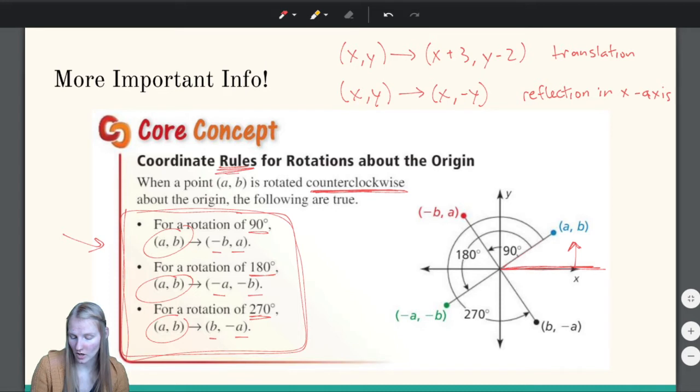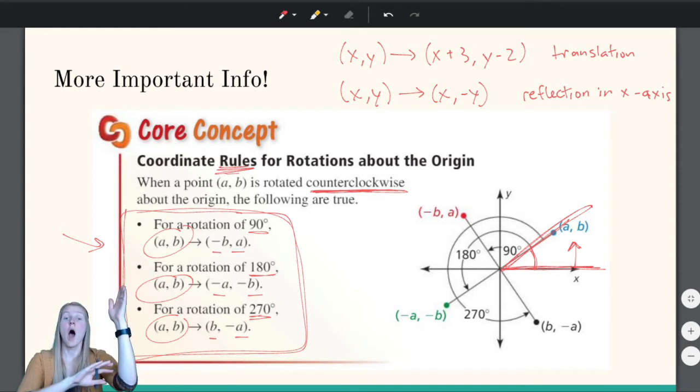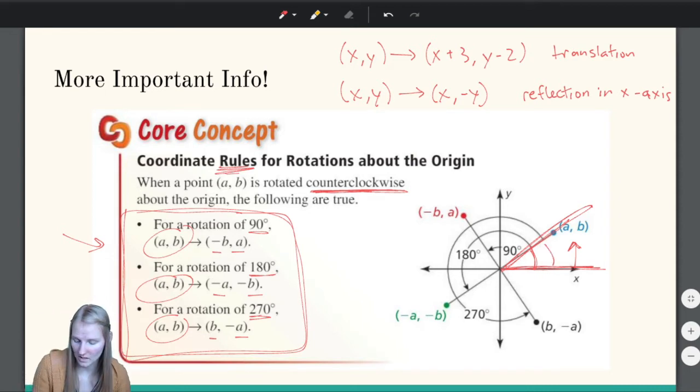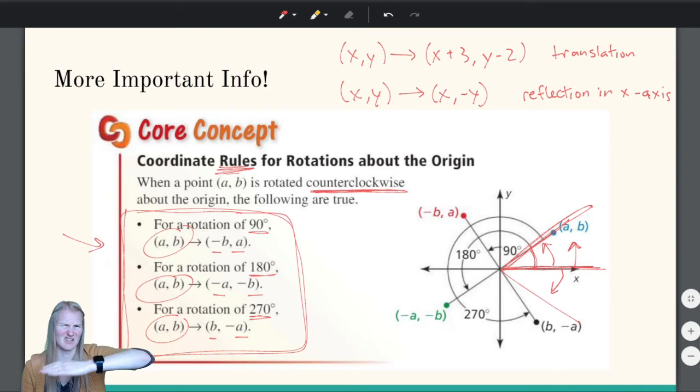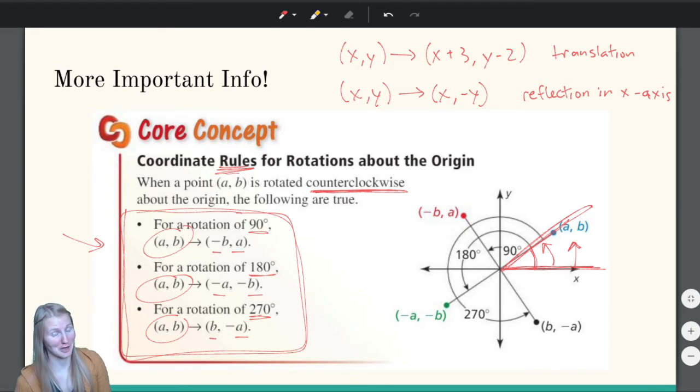So whenever I talk about angles, I want to talk about them starting at the x-axis and going up. So that's why we go counterclockwise instead of, if we started clockwise, we'd be going down, and then we'd have a negative angle. And we don't want to talk about negative angles yet. You'll do that in trigonometry. But for now, we want to talk about positive angles.